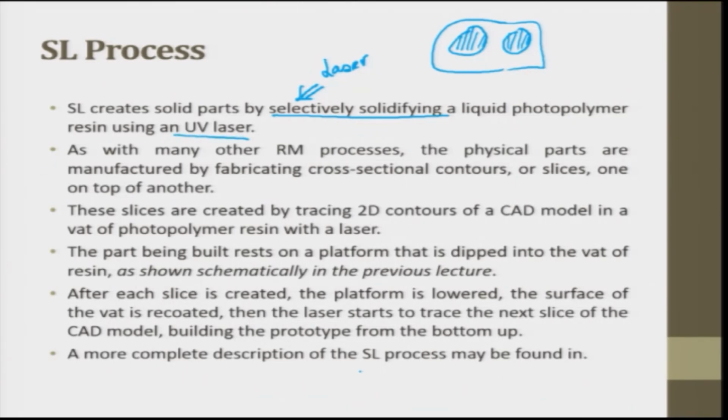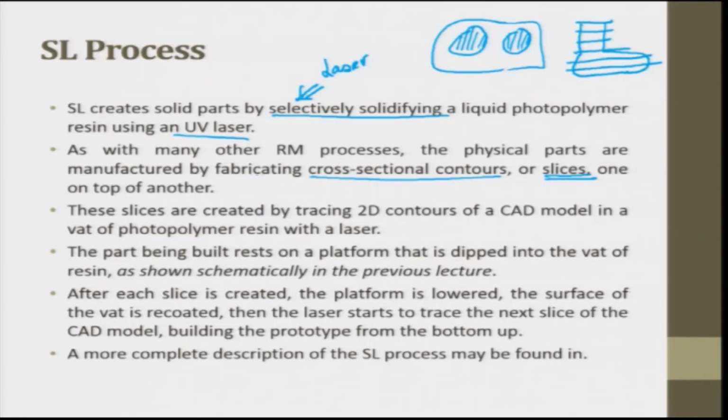That is stereolithography. As with many other rapid manufacturing processes, the physical parts are manufactured by fabricating cross-sectional contours or slices, one on top of another. For example, I have a shoe, okay. So I make this layer by layer by layer. This is what we are saying.